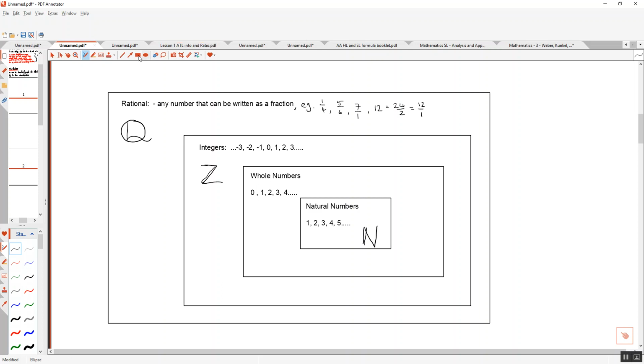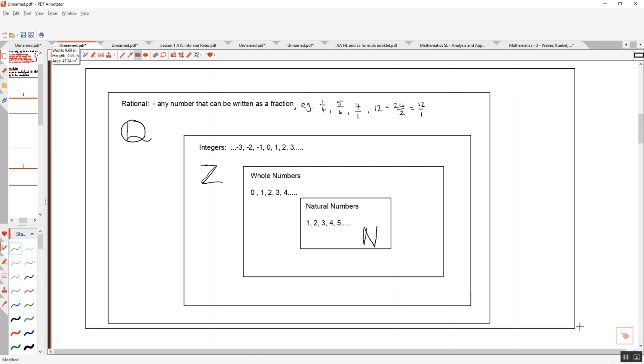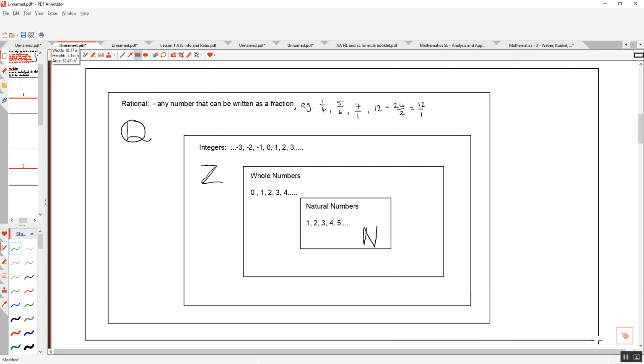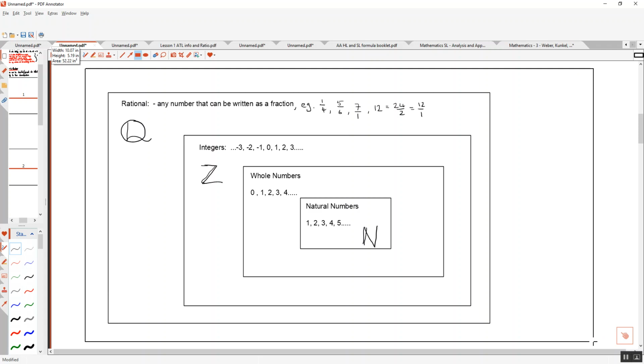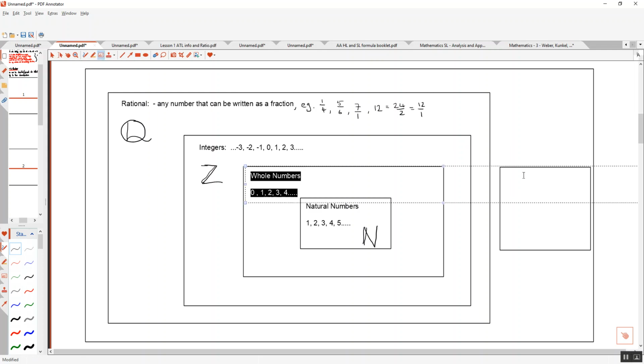All right, now, after rational numbers, we have another type, but I'm going to put them in a separate box over here. And these ones are called, if you're not rational, you are irrational.